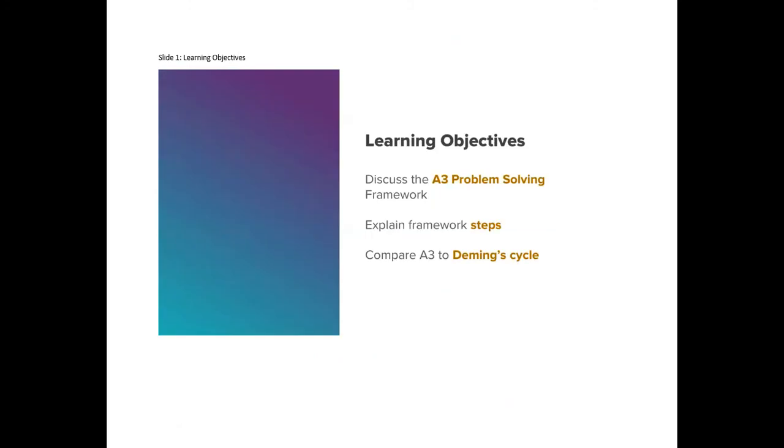What's really funny regarding this framework is that people are always asking why it is called an A3. A3 just refers to a European paper size, equivalent to 11 by 17 inches, upon which many people choose to outline their templates for this framework.